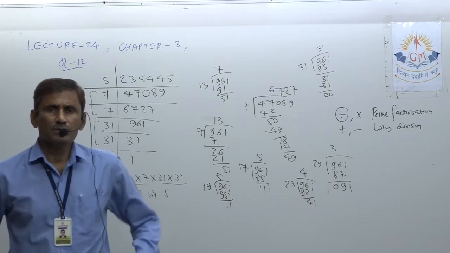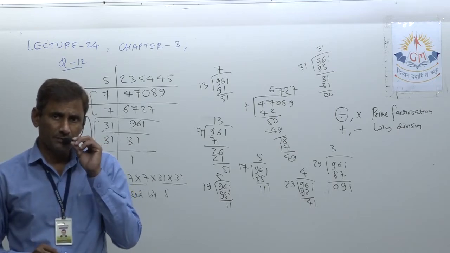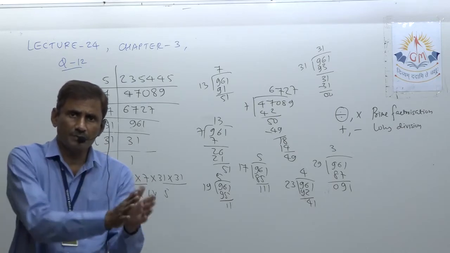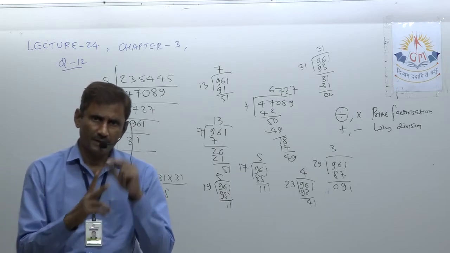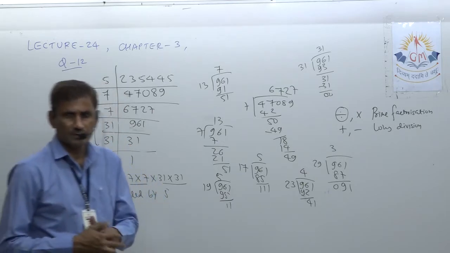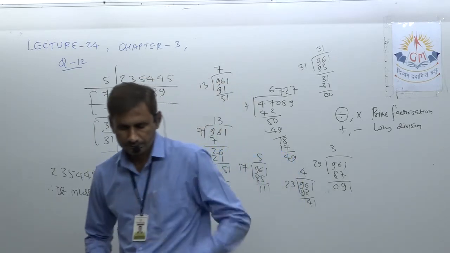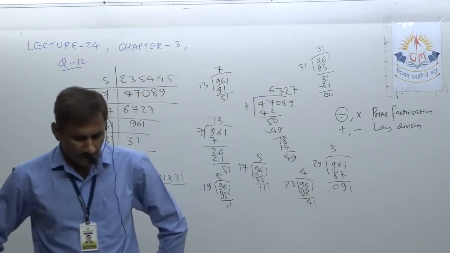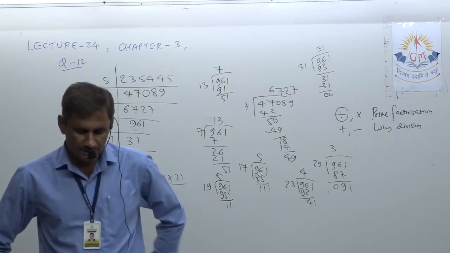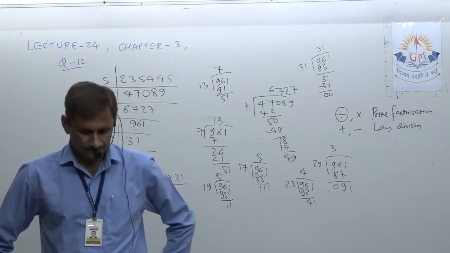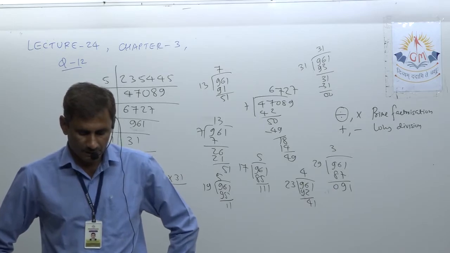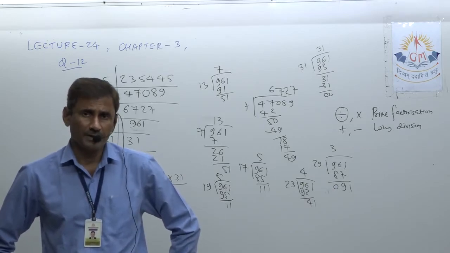Because an unpaired number should be removed or the same number should be obtained. Two options we are having. Now they ask for the division process only, not for the multiplication process. Okay. Find the square root of the perfect square so obtained.